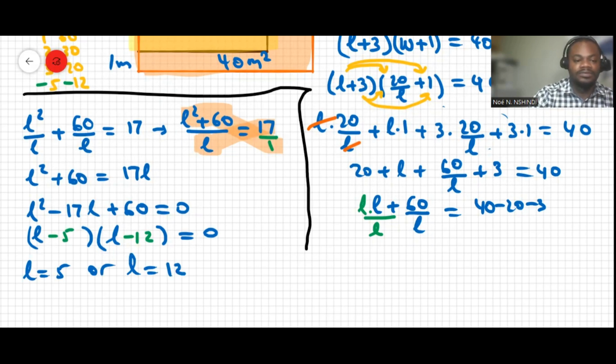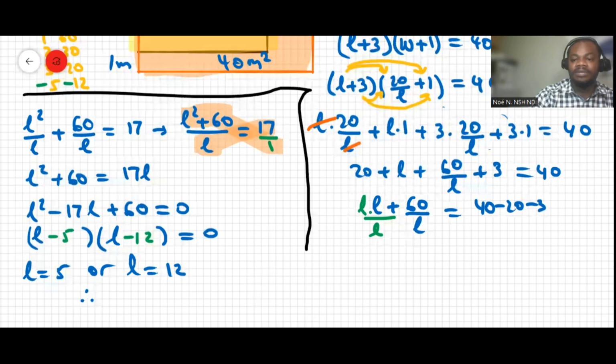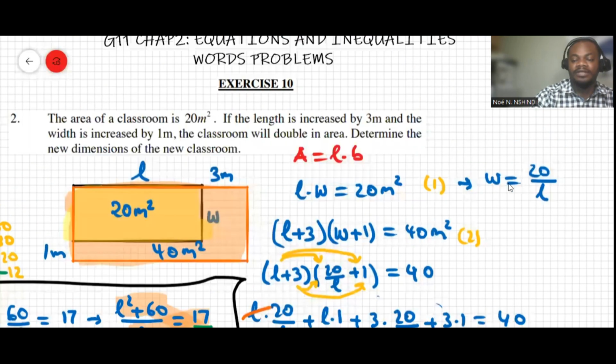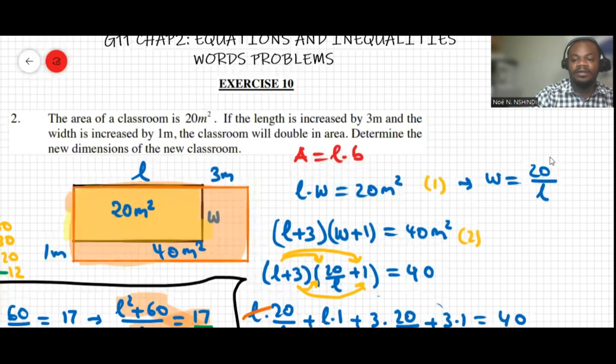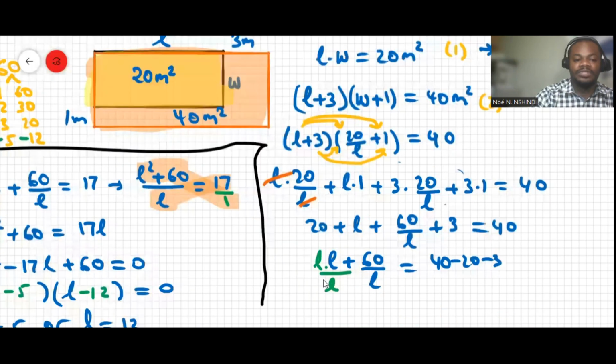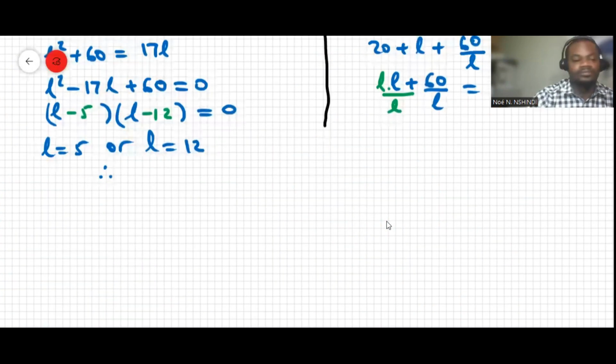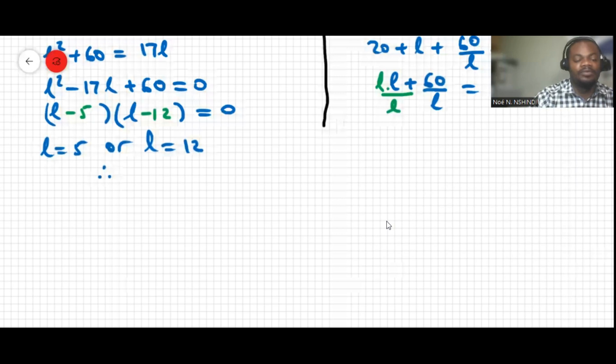Therefore, remember we did express W in terms of L, so that was 20 over L. So W will be equal to 20 over 5, or W will be 20 over 12.